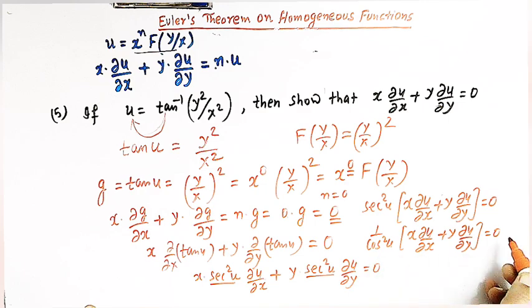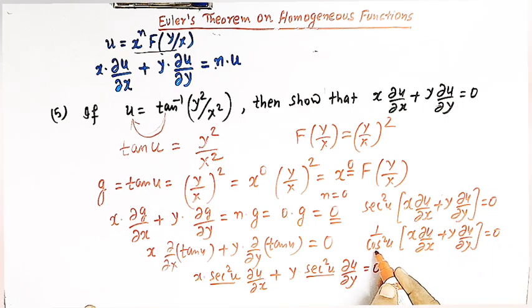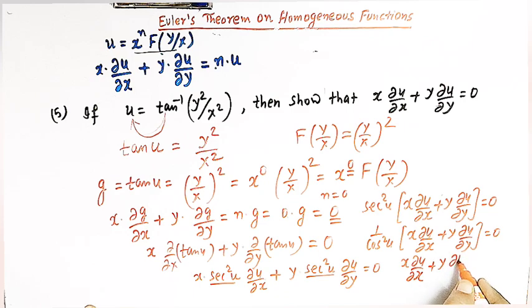Now multiplying this 0 with cos square u, here we'll get 0, so we have x del u over del x plus y del u over del y is equal to 0, because we have here 0 times cos square u, and that is equal to 0, and this is our desired result.